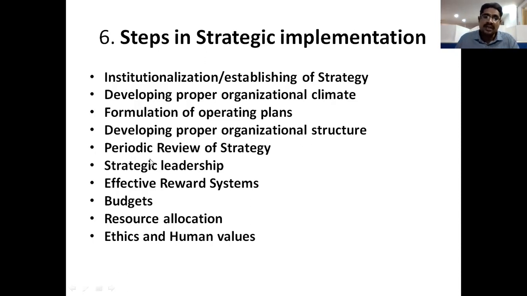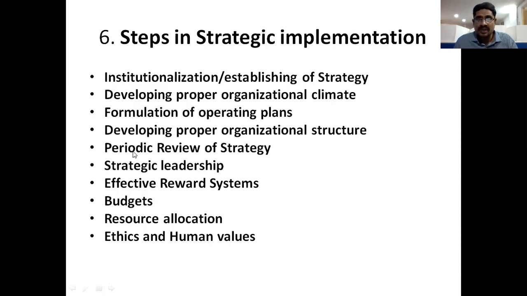Next, periodic reviews of strategies. When we are implementing these strategies, we check each and every strategy and the performance of those activities. So we review or check the performance of each and every action plan, based upon periodic reports.